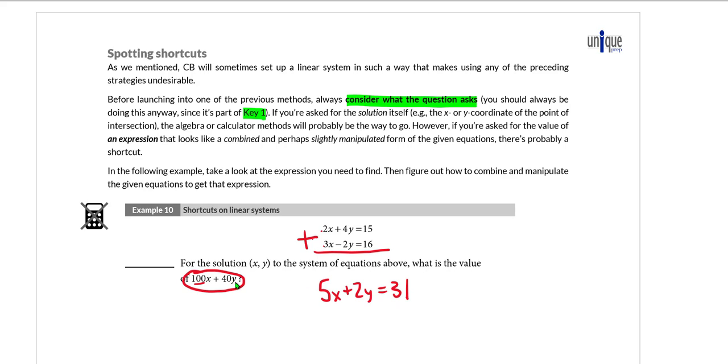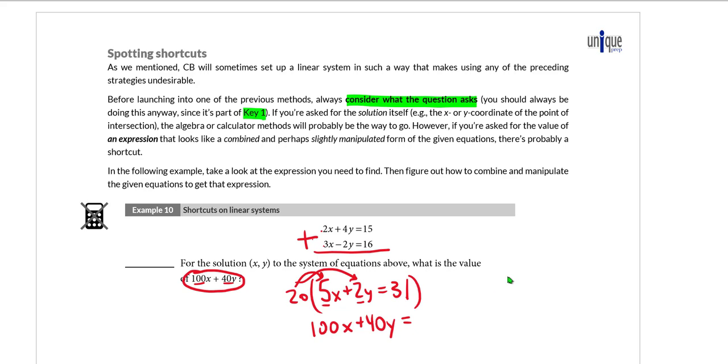Look at these coefficients, and it should be clear that if we simply multiply that sum of the two equations that we just found, 5x plus 2y equals 31, by 20, we get 100x here, we get 40y there, and we get over there on the right 20 times 31.